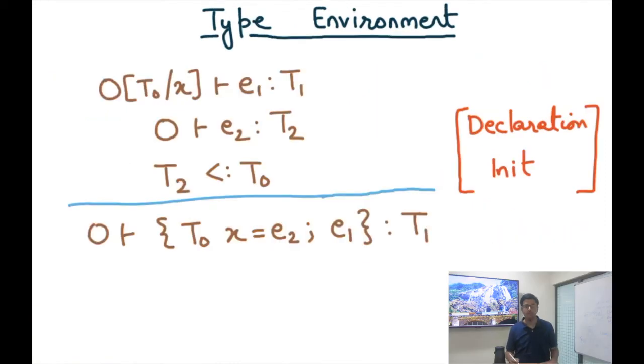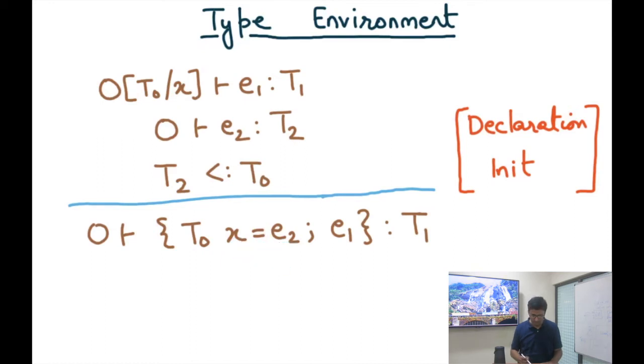So here's an example of a rule which involves a scope, a new scope, a declaration and a statement. And in the declaration, unlike the previous example, we are also initializing the declared variable X. And the only interesting thing here is that the initialization of X is through an expression E2.